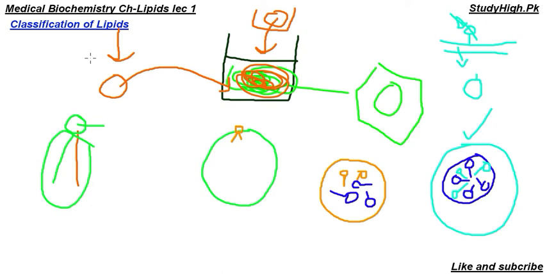So these hormones can act as messengers, and phosphatidylinositol can also act as a second messenger system. So this is also a function of phospholipids, or simply lipids.